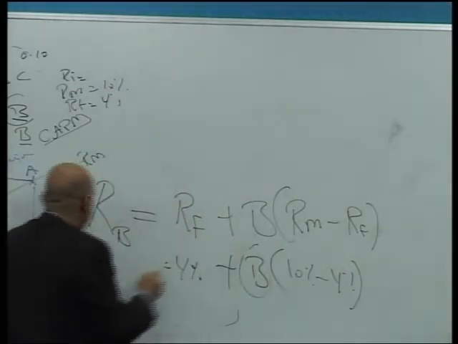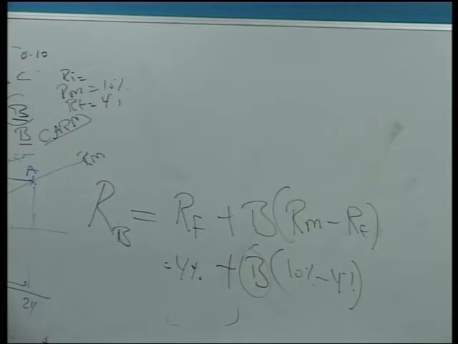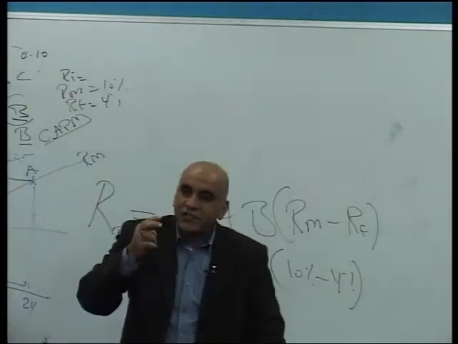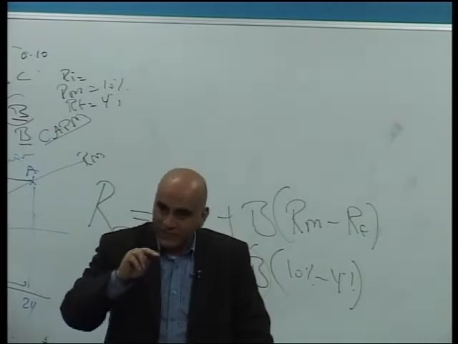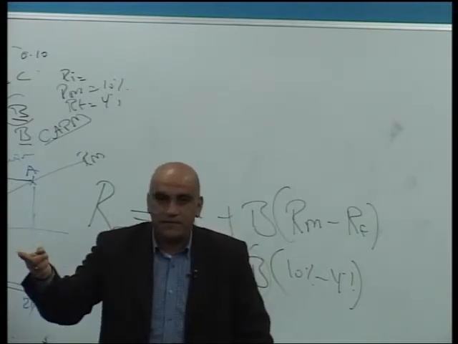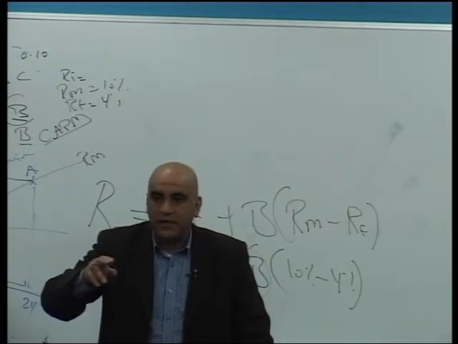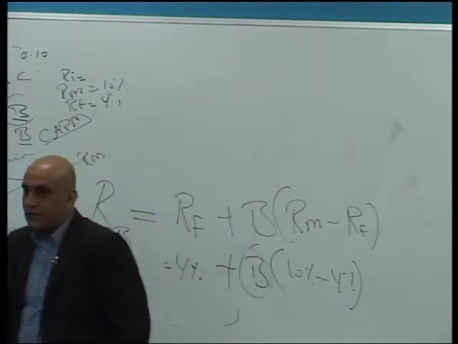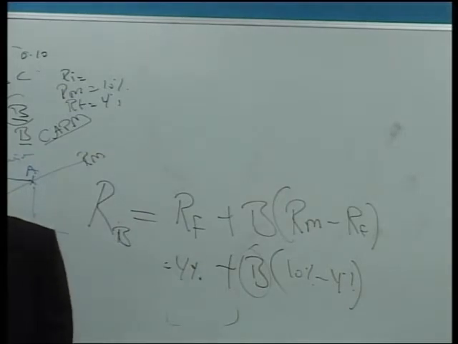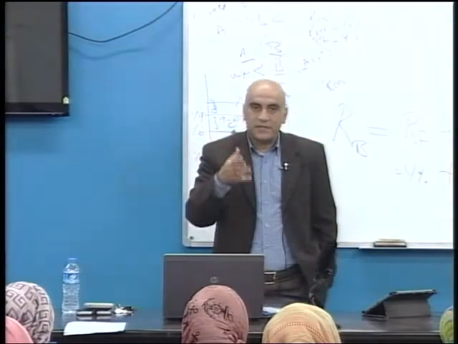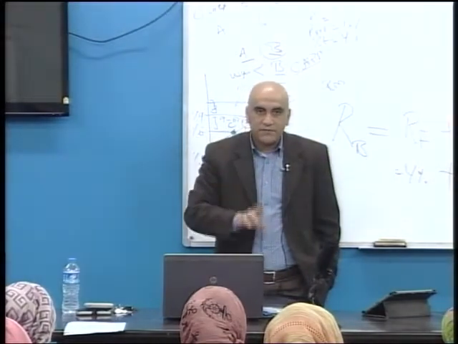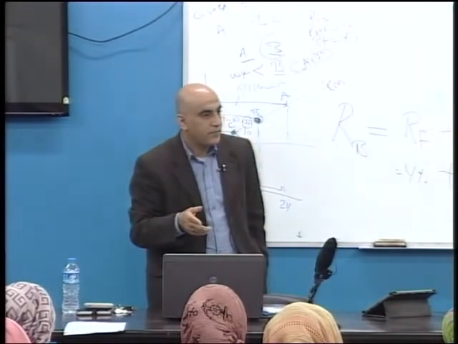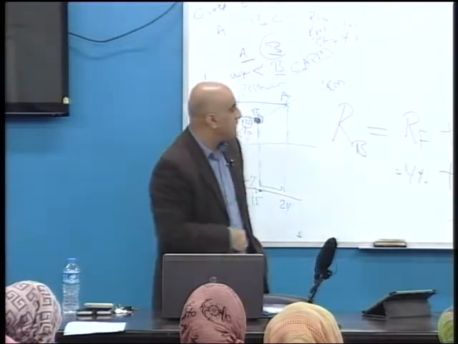The beta, look at, is the slope of this point. What exactly does beta mean? The fluctuation of the individual stock relative to the market. The fluctuation or the movement of a particular individual return relative to the market return.